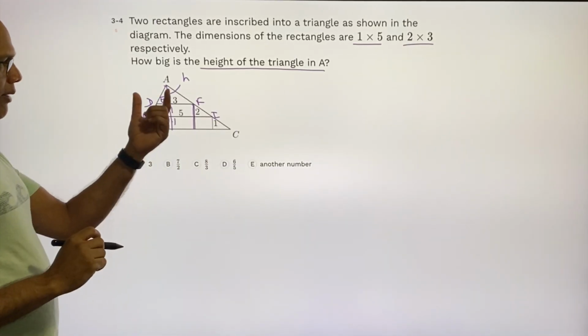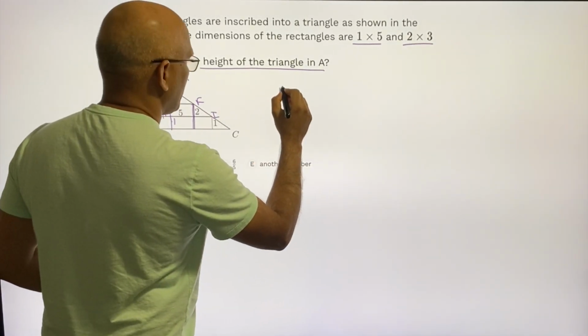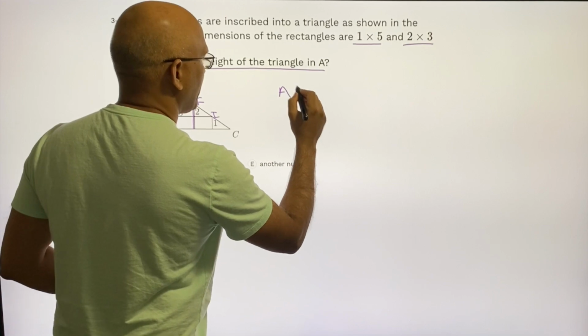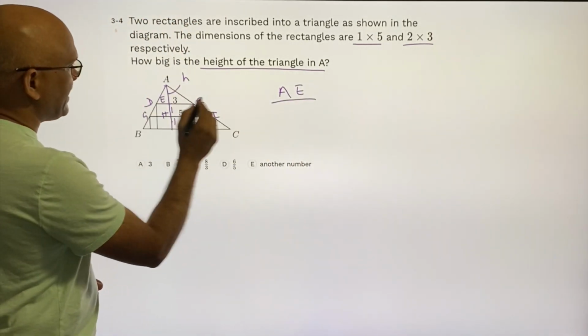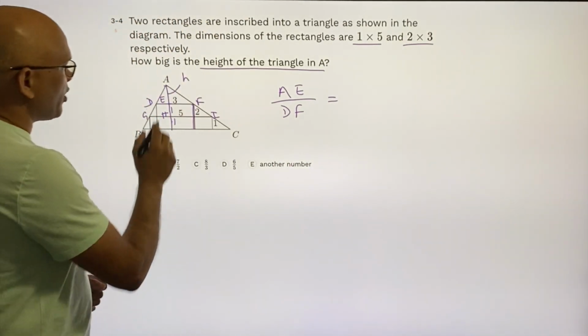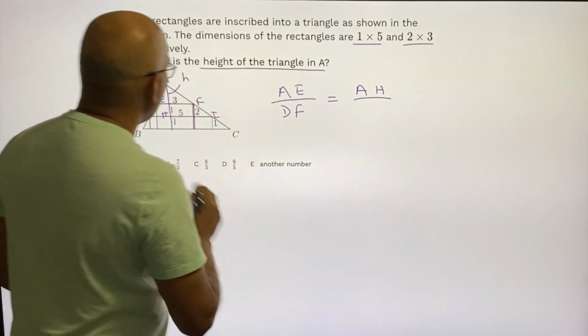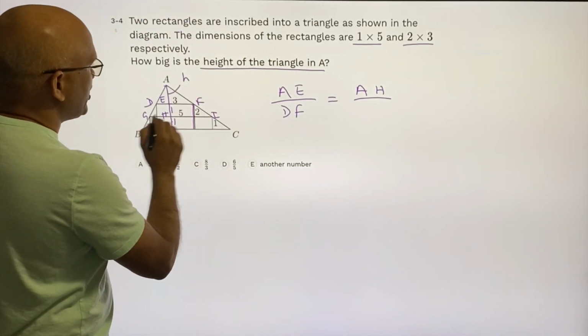Now I want to write down the ratios. AE over DF must be equal to AH over GI.